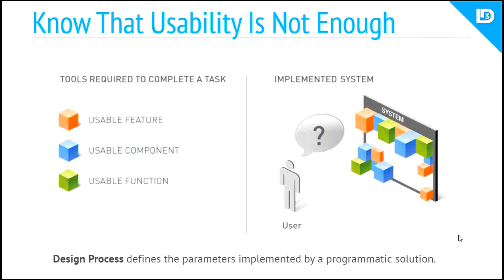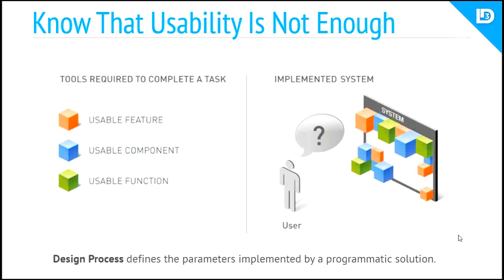What should you be doing then? Well, you should know that usability is not enough. I can create usable features, components, functions, all these nice little pieces, and put them together into a system that remains usable, but is no longer useful to me. And the key here is keeping in mind that the design process defines those parameters to be implemented by a programmatic solution.